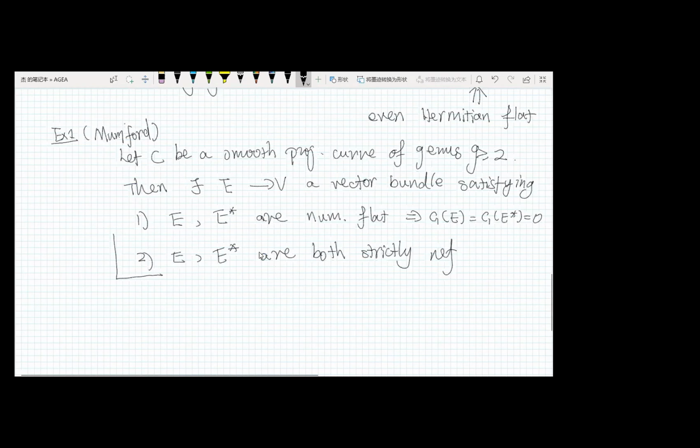So this should be a bigger problem for us to study strictly nef vector bundles, because in some sense it can be numerically flat, and there are many criteria we cannot use. For example, strictly nefness is not closed under wedge product or symmetric product or tensor product.